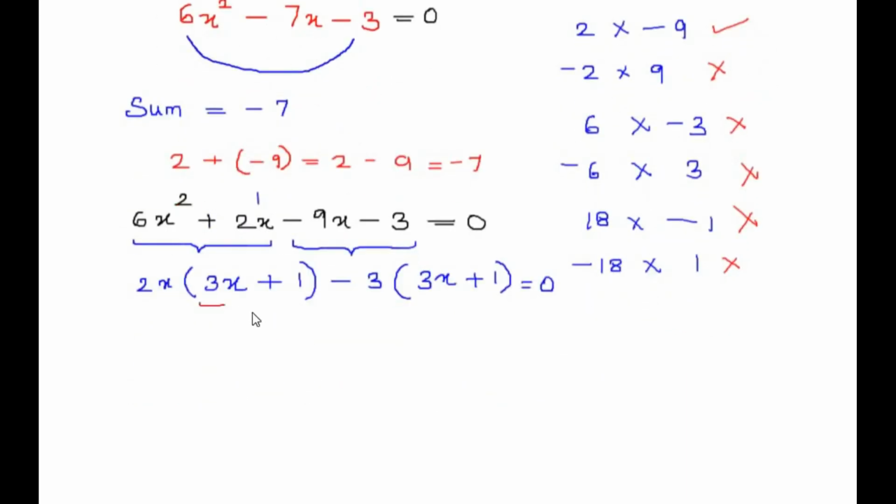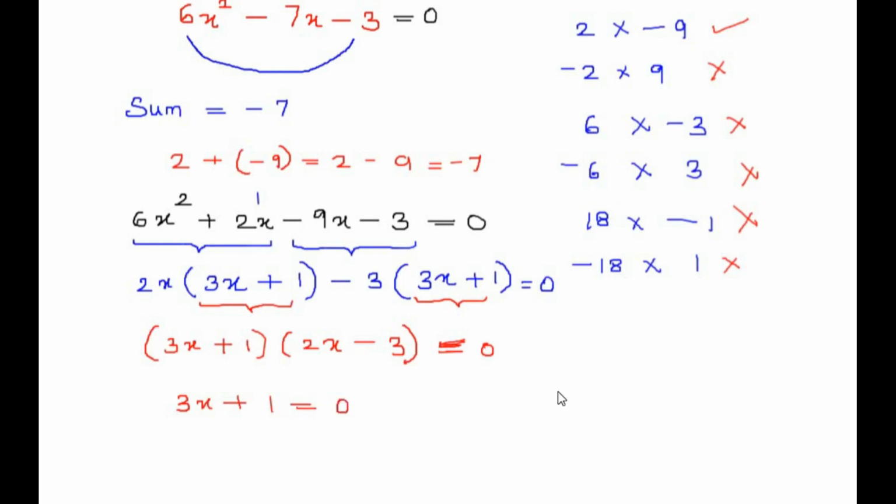Now we see that 3x plus 1 and 3x plus 1 is common. So we take 3x plus 1 as one of the factors, and 2x minus 3, that is 2x from the first term and minus 3 from the second term which was left out, is equal to 0. So now equating each factor to 0, we get 3x plus 1 equals 0, and we have 2x minus 3 equal to 0.